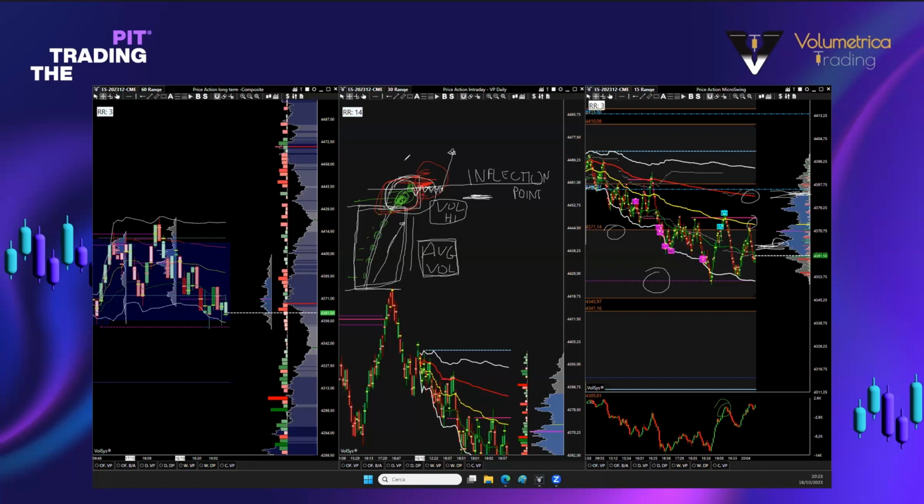Literally, after all of this explanation, which I hope was clear enough, when do we have an absorption? Well, when we have a fight between buyers and sellers. Let me just clear this drawing. So yeah, the inflection point was here.